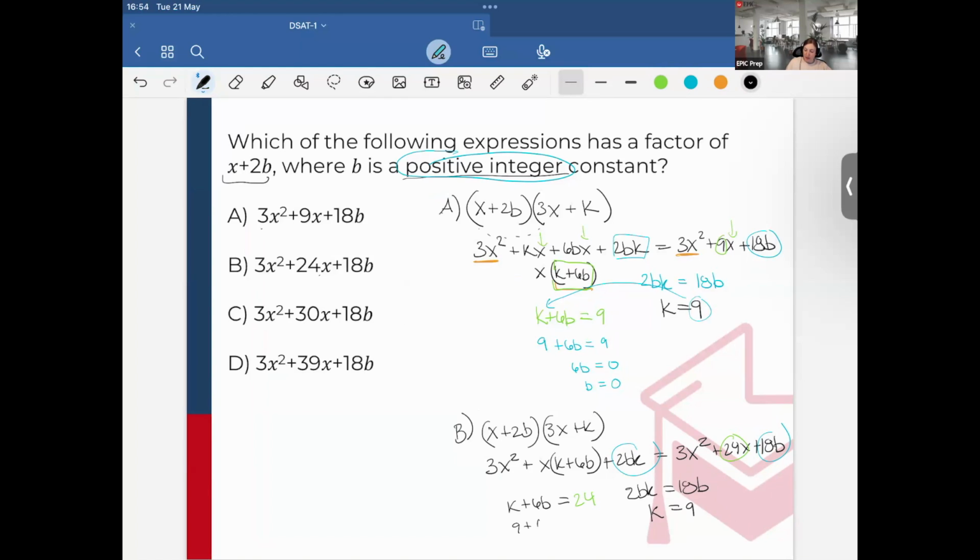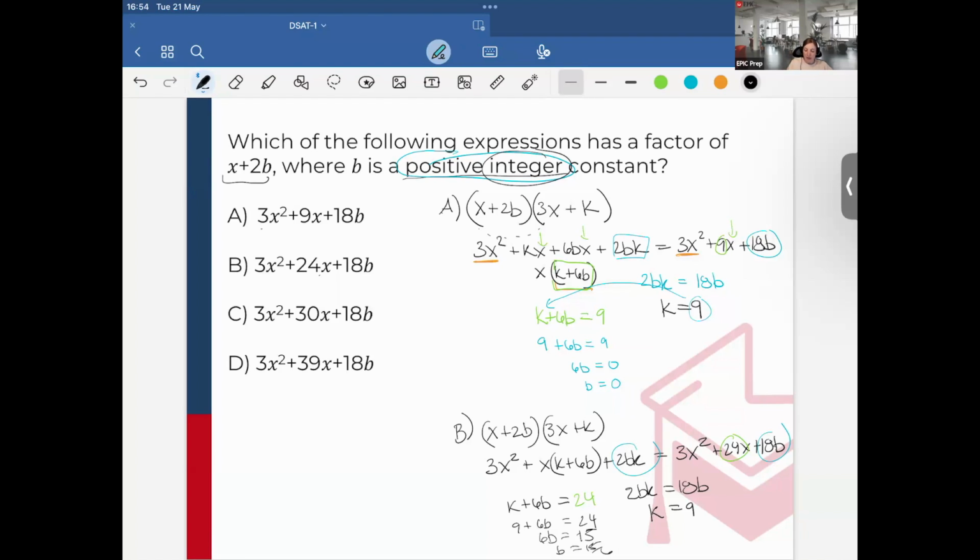So I do 9 plus 6b equals 24. So 6b is equal to 15, sorry, 15. But then b is 15 over 6, that's a fraction. So it's not an integer.